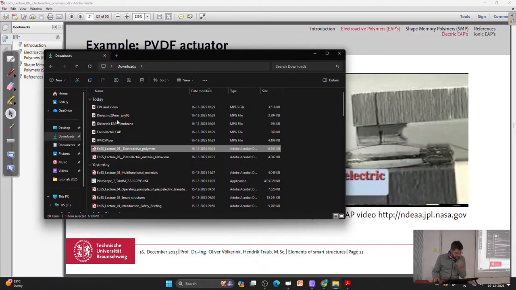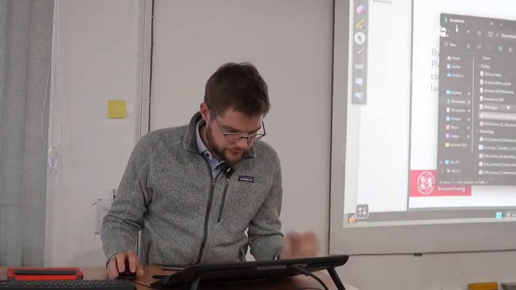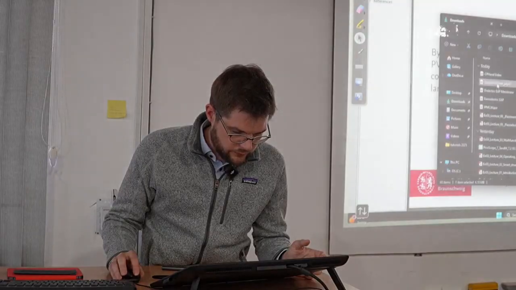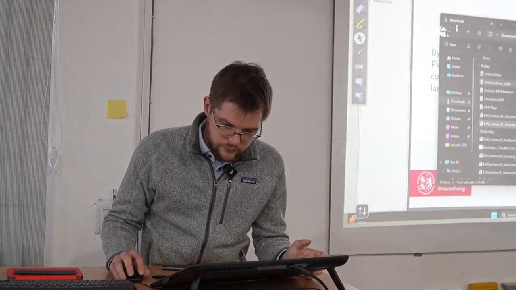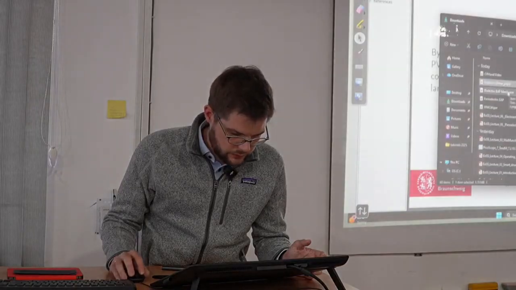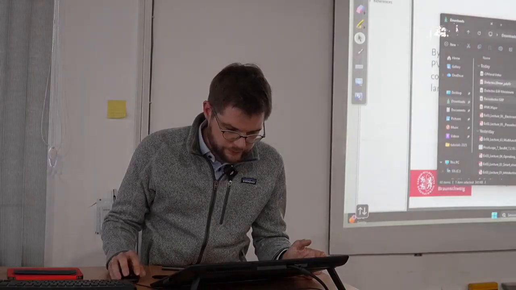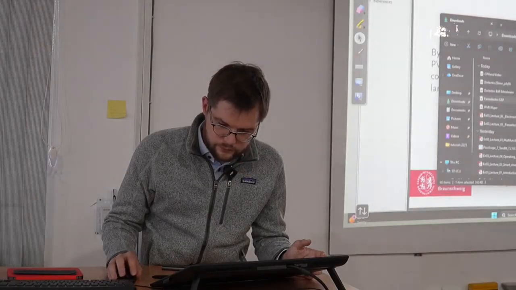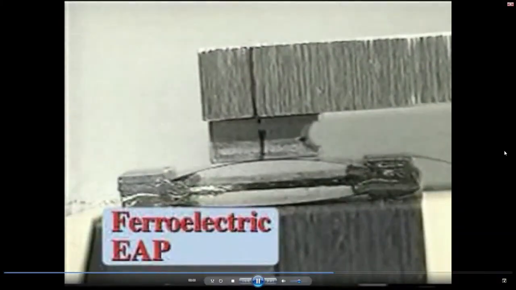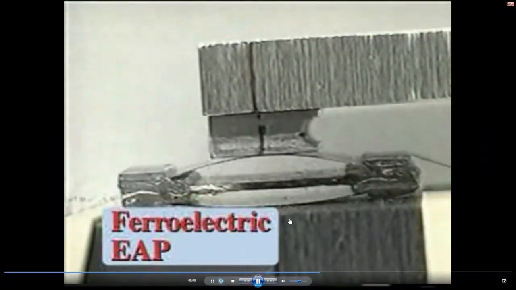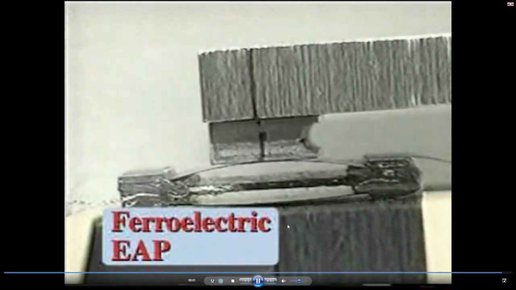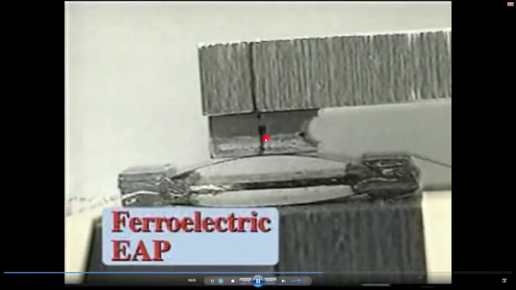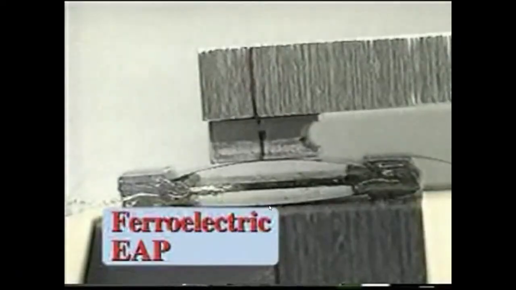You can see the actuators working here, made of PVDF, pushing with a rather small force, but otherwise it could not deform it.